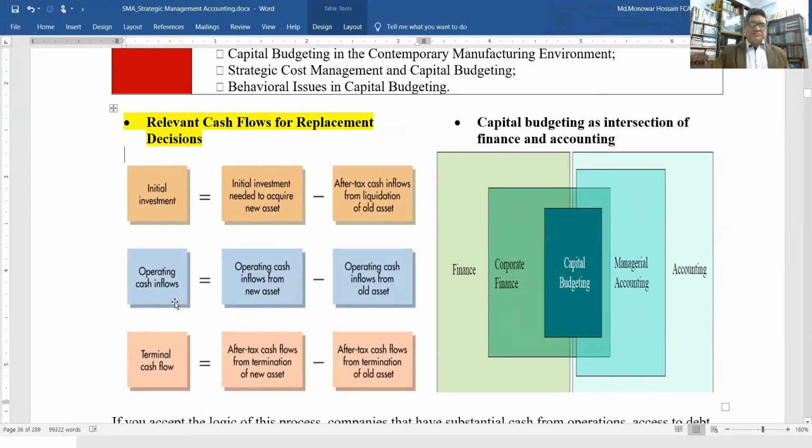Operating cash inflow equals operating cash inflow from the new asset minus operating cash inflow from the old asset. Terminal cash flow equals after-tax cash flow from terminal of the new asset minus after-tax cash flows from terminal of the old asset.